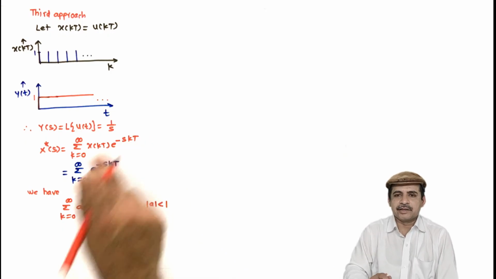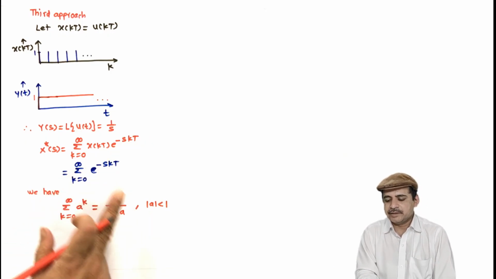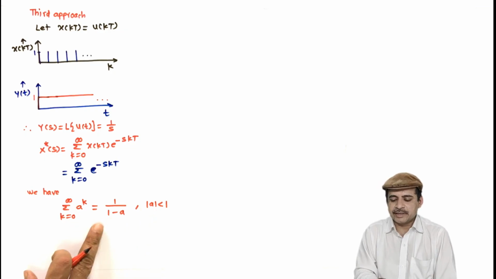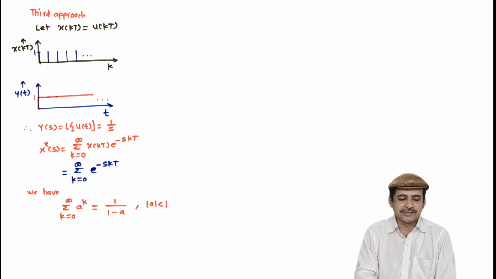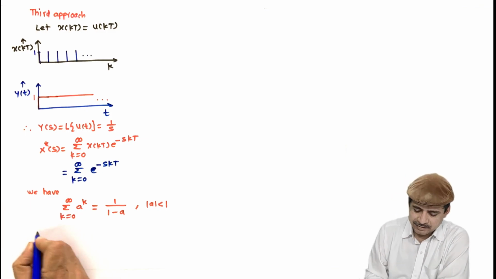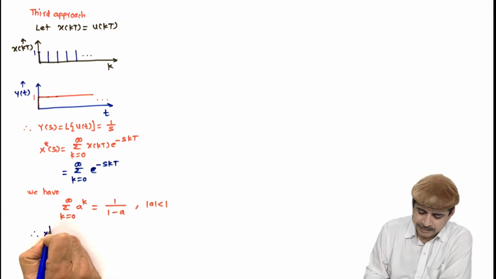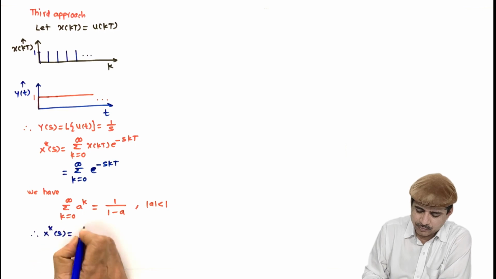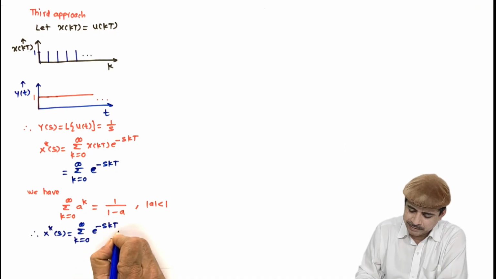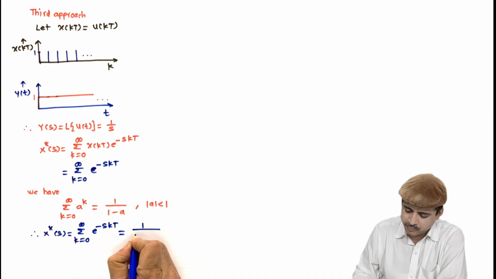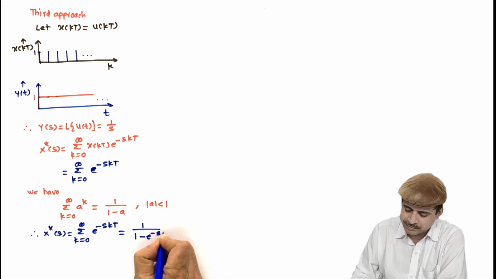In the same way here, due to the negative exponential of e, this property holds. So we can apply this series with a equal to e raised to minus st. So x star s is equal to summation k equal to 0 to infinity e raised to minus skt, that is equal to 1 upon 1 minus e raised to minus st.